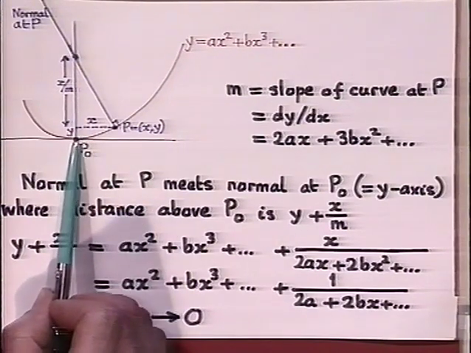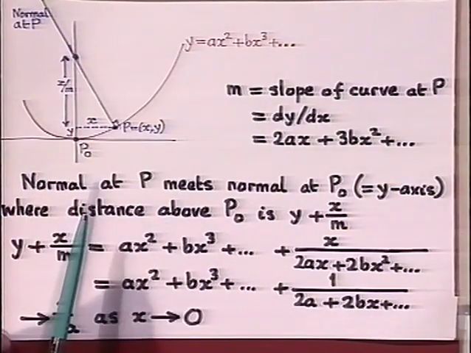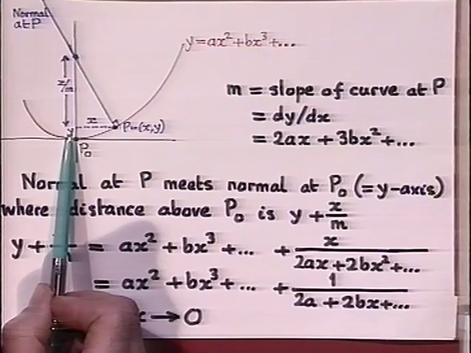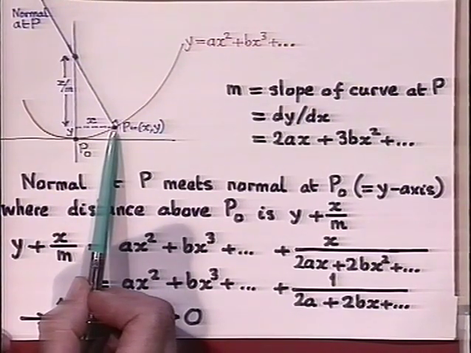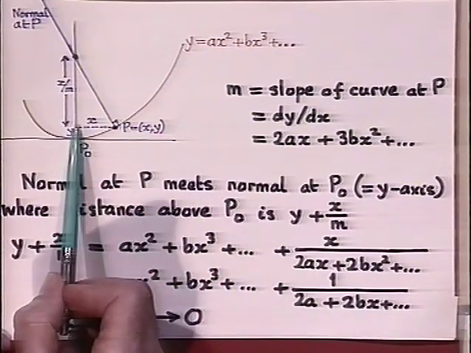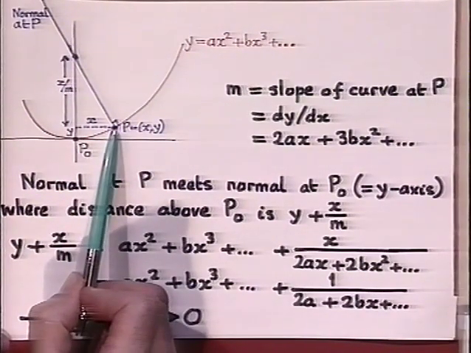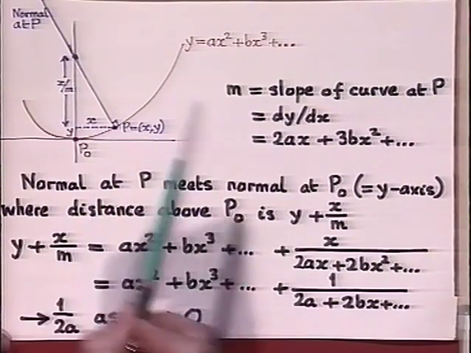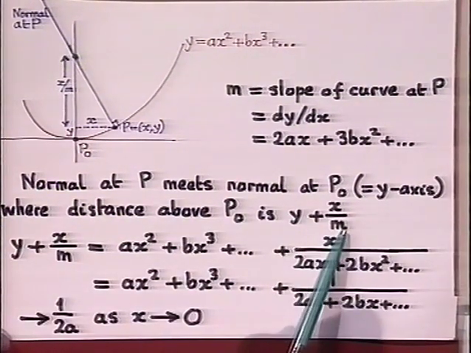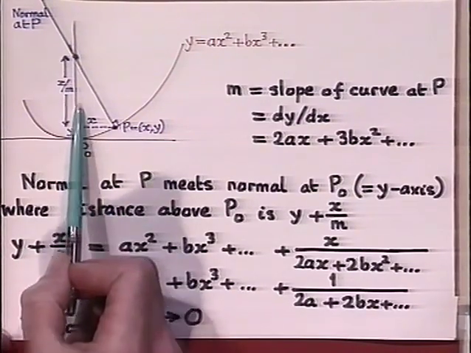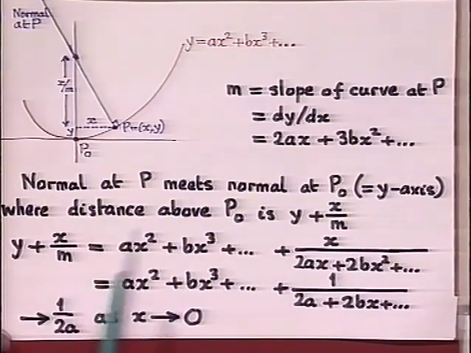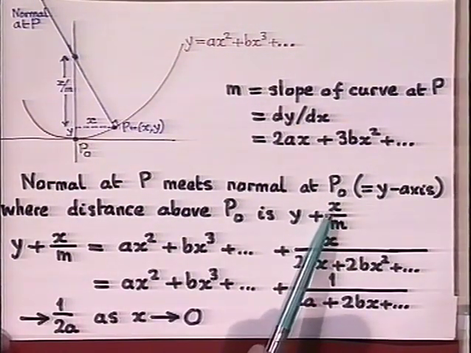The distance up the normal, where the two meet, turns out to be y, the y coordinate of the point P, plus an extra bit, which is just x over m, where x is the x coordinate and m is the slope. The distance is y plus x over m. So that is the distance up here. Let's see what this becomes when x is very small.